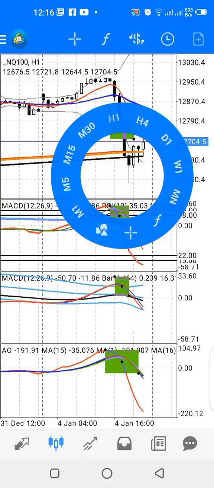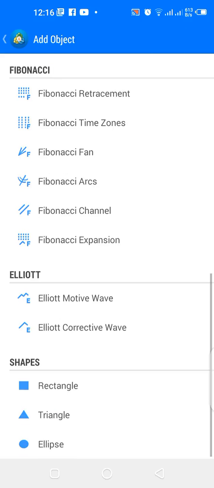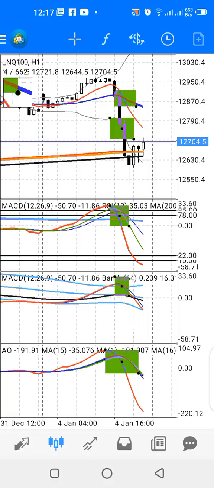Also, when the red line crosses down on the blue, it's a sell signal.